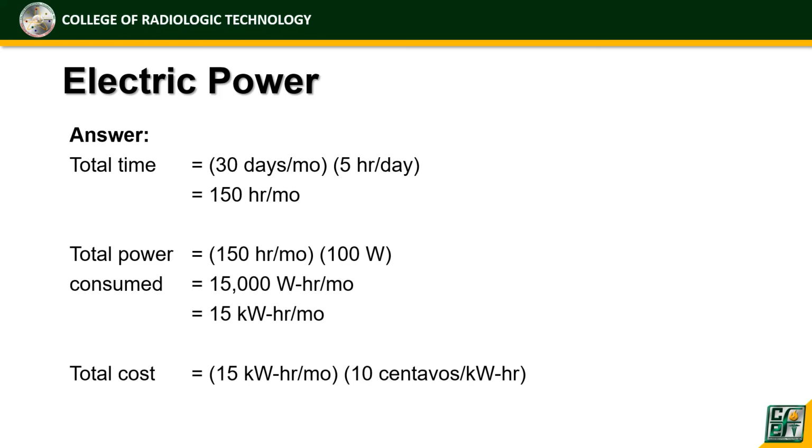Remove the kilowatt hour, so matitira na lang is centavos per month. So it will cost you about 150 centavos per month or 1.50 pesos per month.